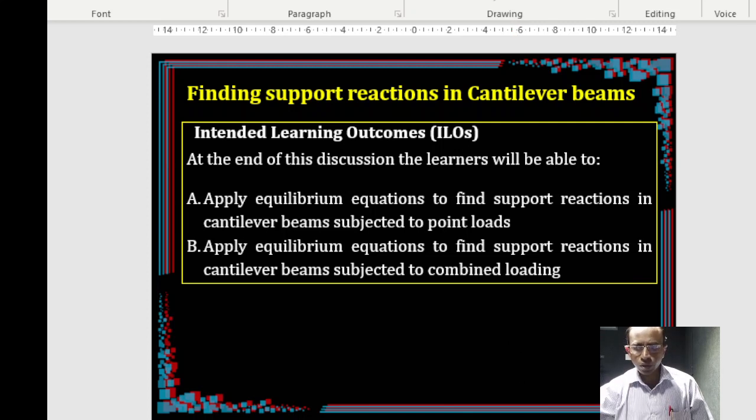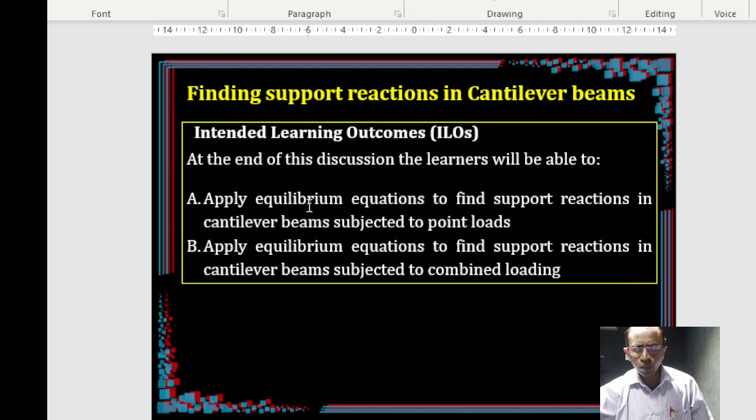So our target is how to apply the equilibrium equations, right? Because equilibrium equations alone are sufficient. We don't need any extra effort, because cantilever beams and simply supported beams are determinate structures, which means by definition the number of equilibrium equations is sufficient to find all the unknown reactions of the supports of the beam, right?